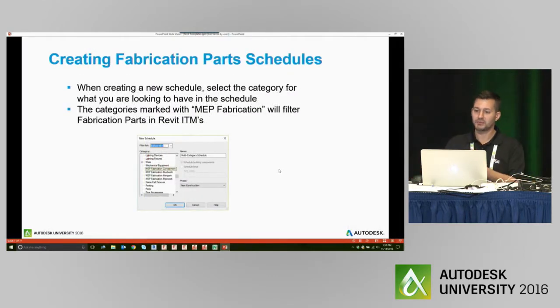Okay, creating the fabrication part schedules. Again, the workflow that we're going to be going through here really doesn't change whether we're doing Revit families, ITMs. It's just the category that we're using to filter these items. And that's what's nice about this topic: it really does translate to all parts of Revit.